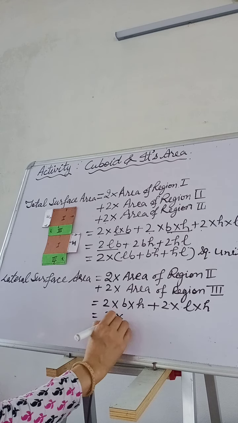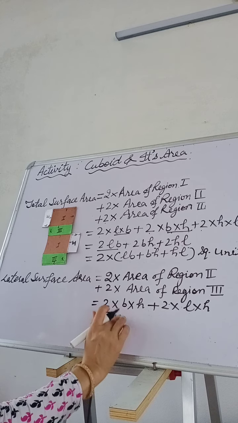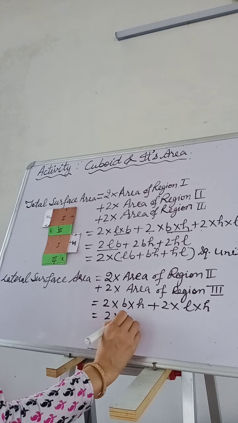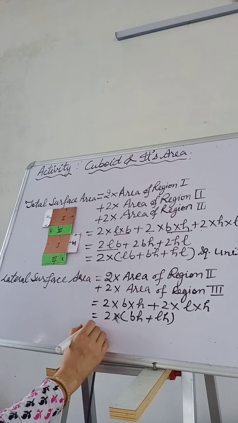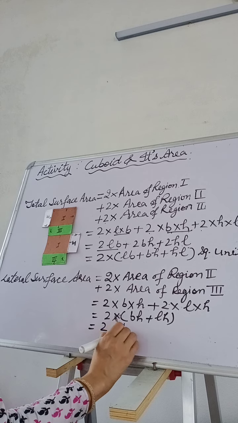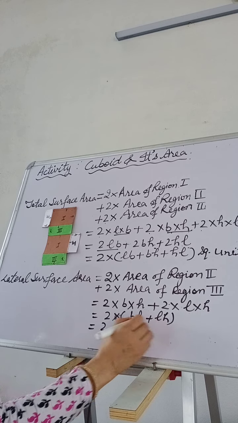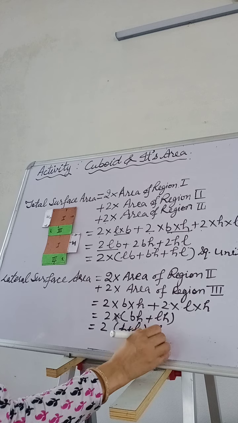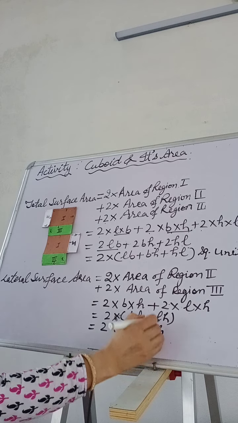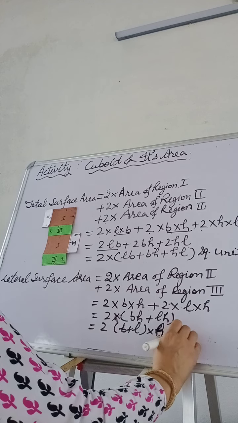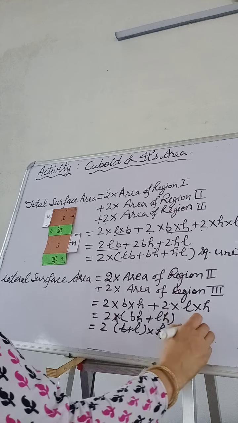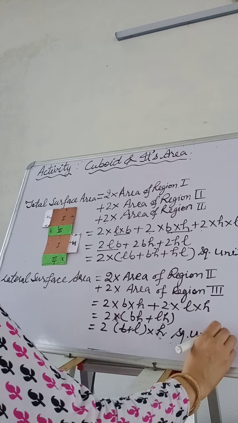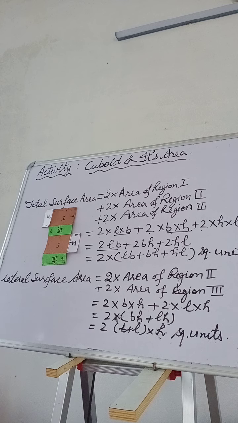I'm just going to take 2 outside: 2 multiplied by (BH plus LH), or you can write it as 2 times (B plus L), as H is common, to take it outside, multiplied by H. Write here square units, as area should always be mentioned in square units. This is the lateral surface area of a cuboid.